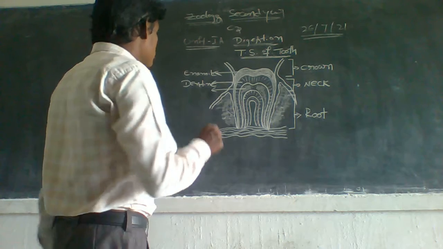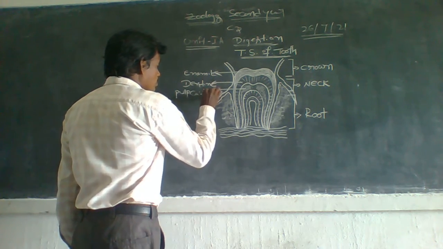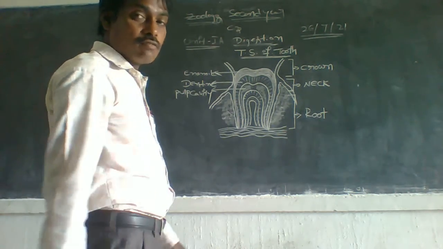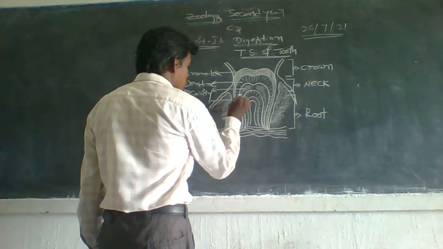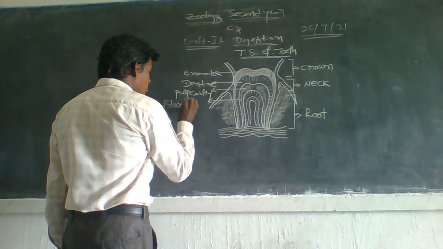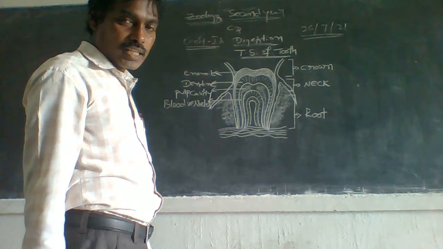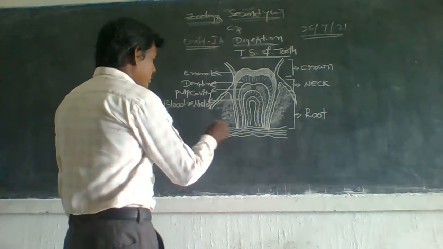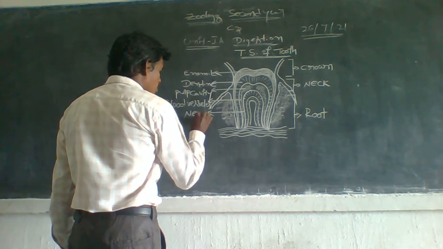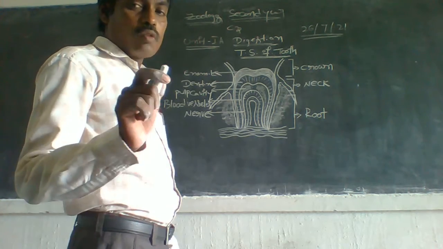Next, blood vessels. And next one, nerve. Next one, jawbone.